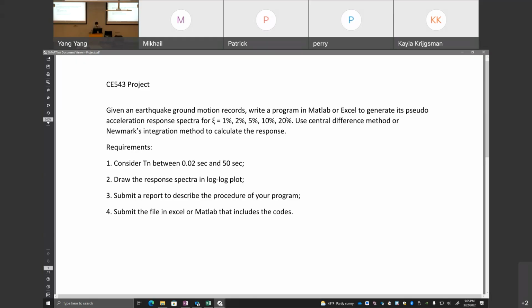So the project 2 will be due the final week, before the last day of the class of this semester. So any questions regarding the project? Any other questions? So due date will be April 15 for this one.